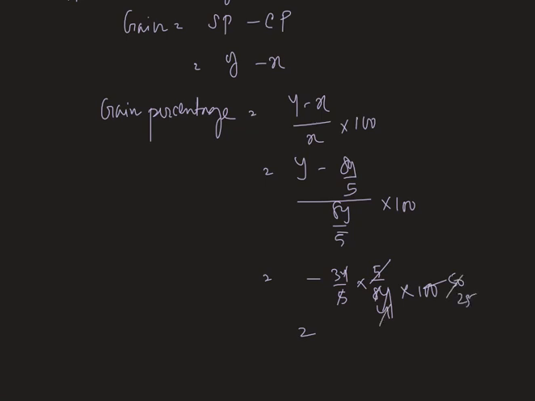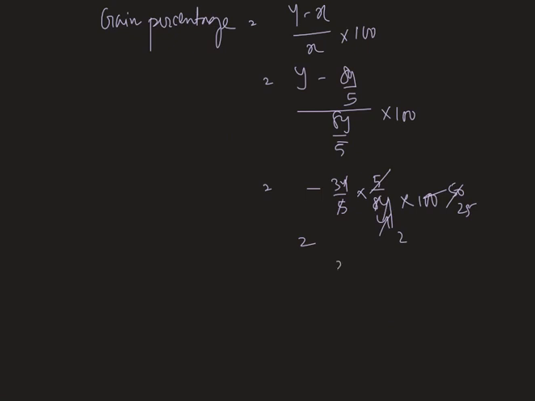So the gain percentage is 25 into 3 by 2, that means 75 by 2, which results in 37 and a half.